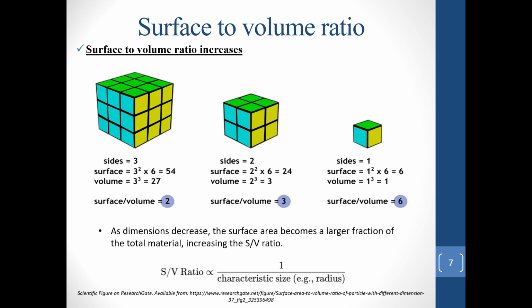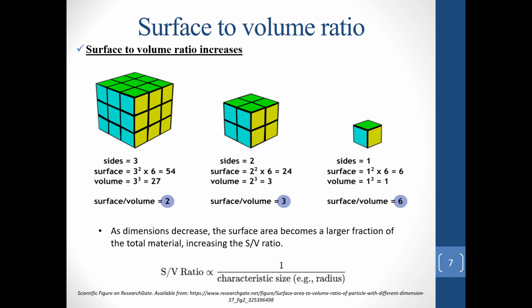For a single cube like this, you can see that the surface to volume ratio is 6. Okay, means more sides, more area take part in the reaction or anything else.